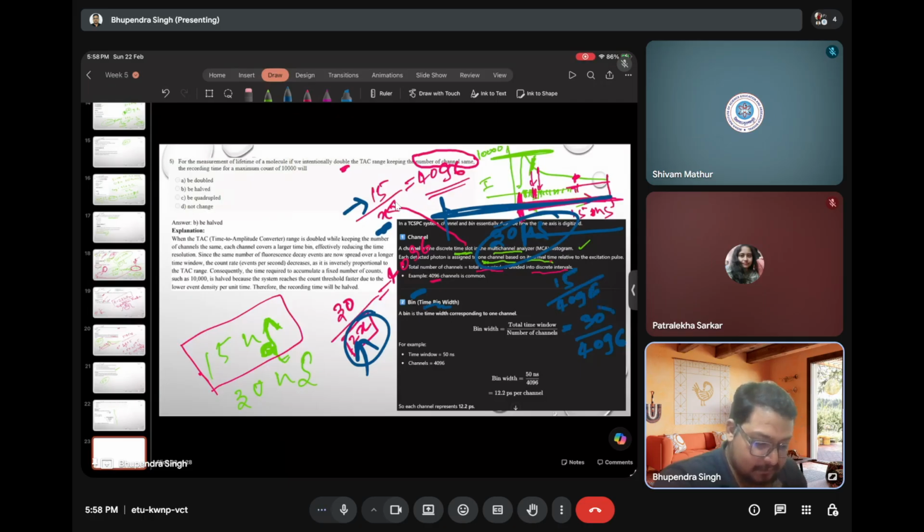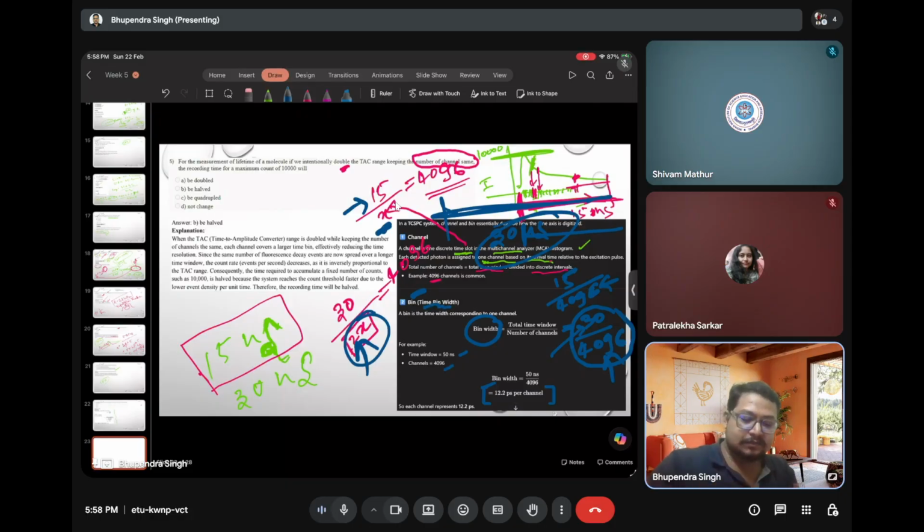Obviously, the channel is the same, so the total time window has increased in this case, which means the bin width will be higher. For example, if the time window is 50 nanosecond and channels are this, the bin width will be 12 picosecond.